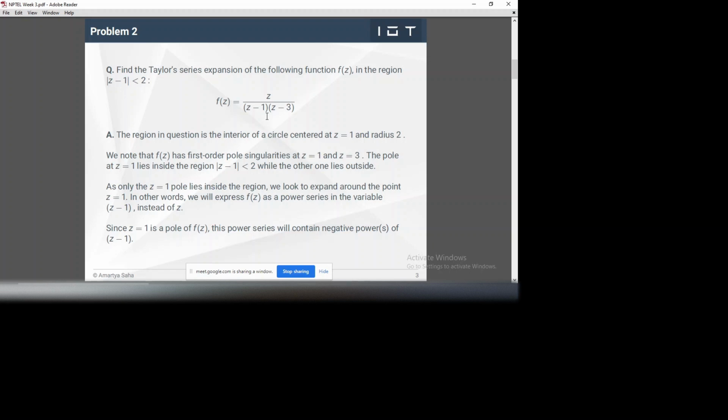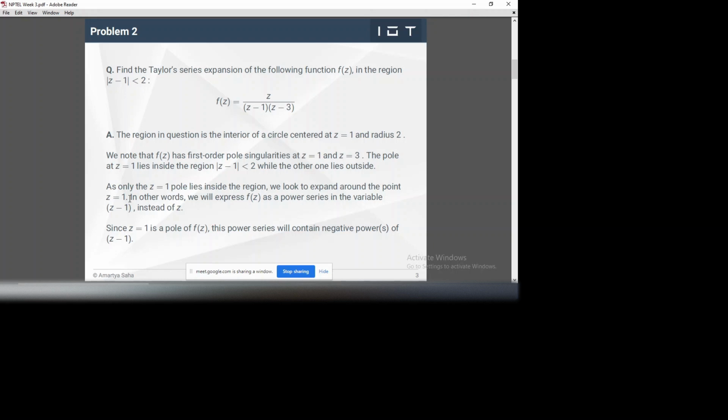Since this region is centered around the point 1, we should look to expand this function around z equal to 1. What does this mean?